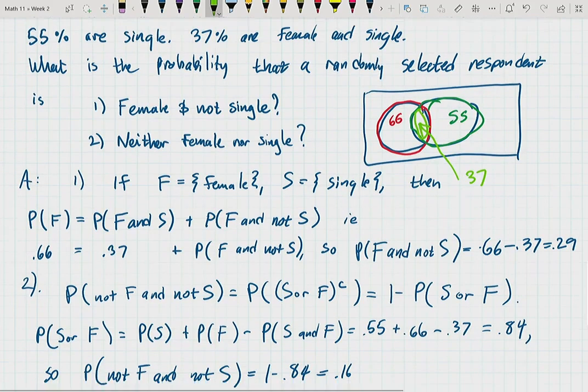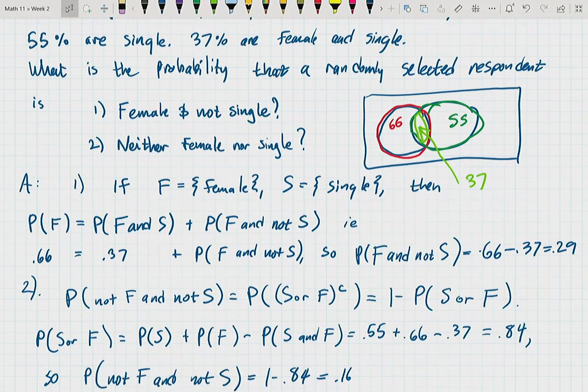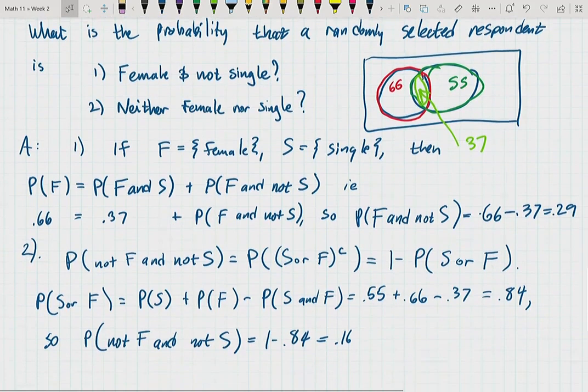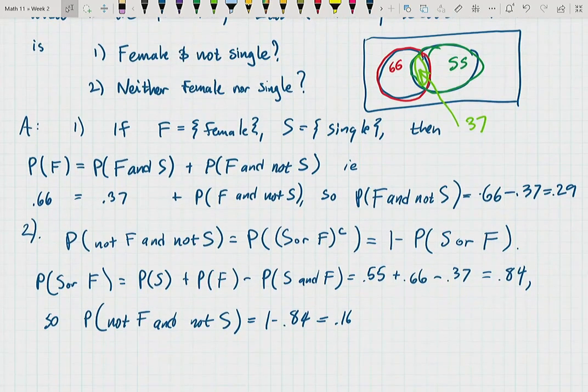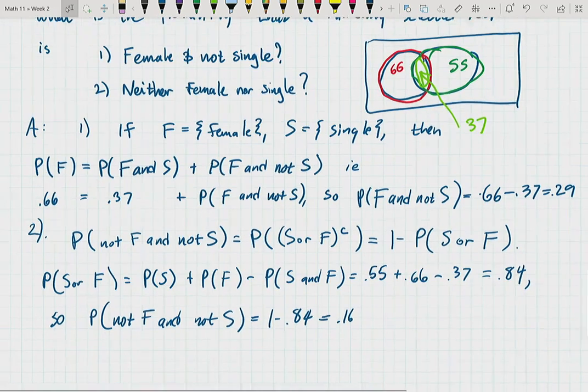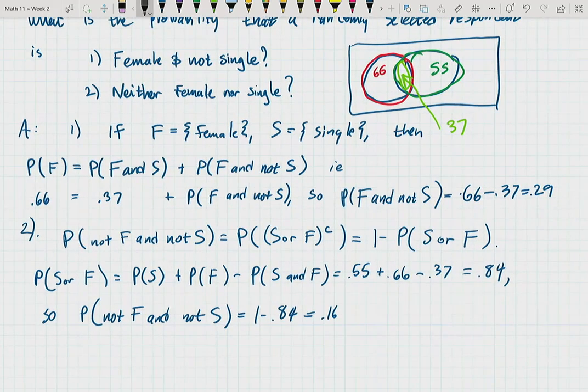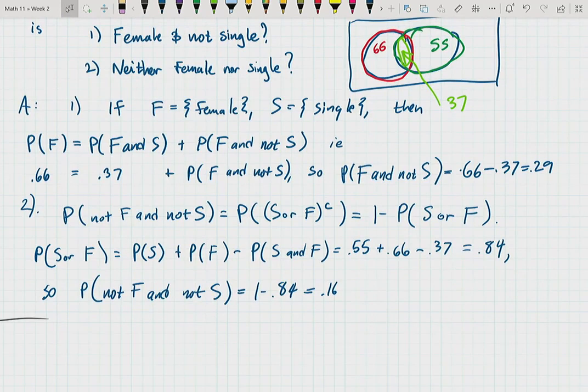I'll let you fill in the details of the diagram if you want. Oh, all right. I'm doing okay. Any questions?